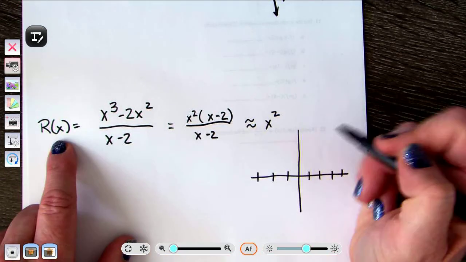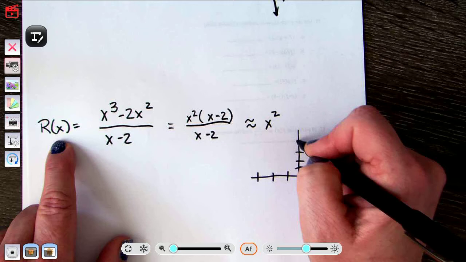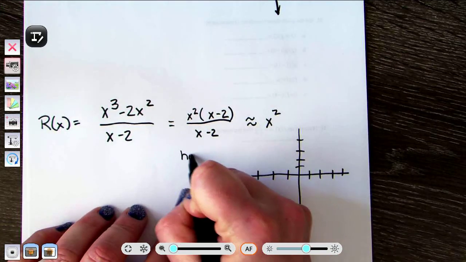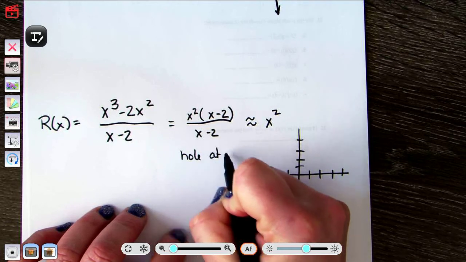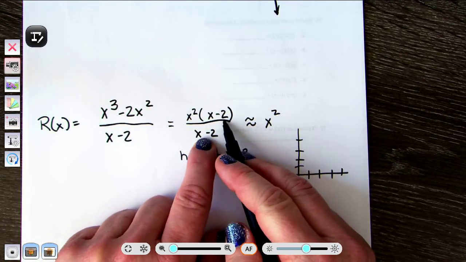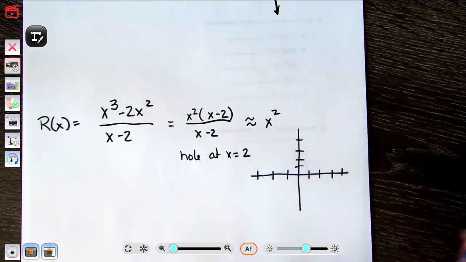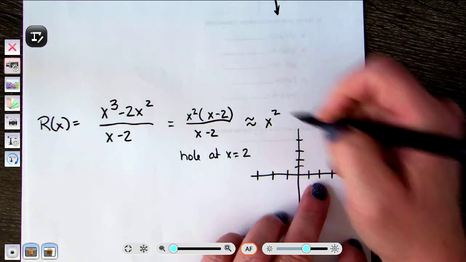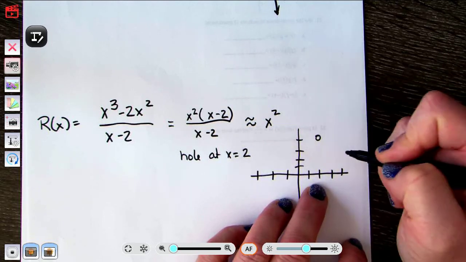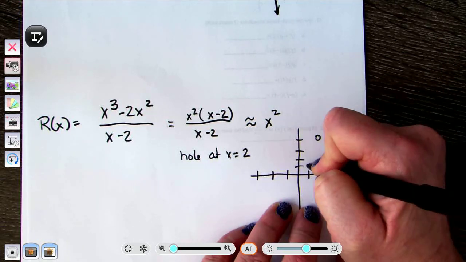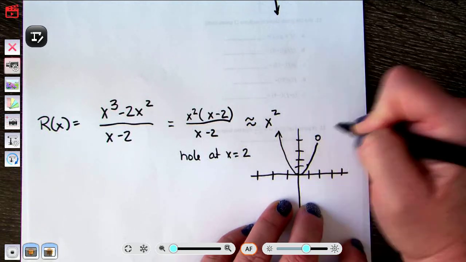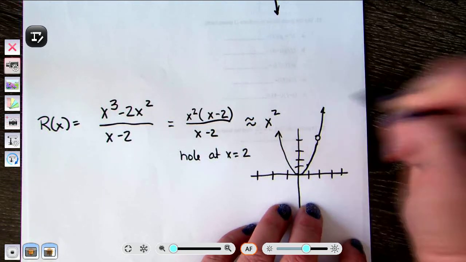But my function is going to be that parabola with a hole in it. So there's going to be a hole at x equaling 2, the spot we took out, that x minus 2. At 2, we would have been at 4, so there is a hole right there. Otherwise, our function looks the same as x squared.